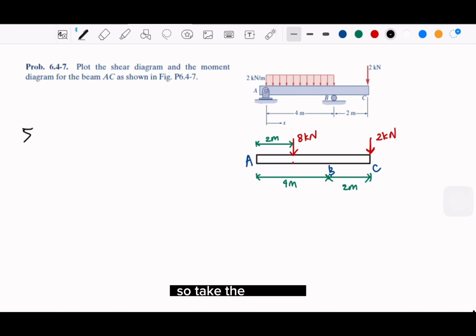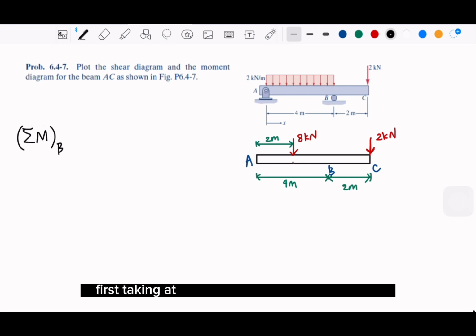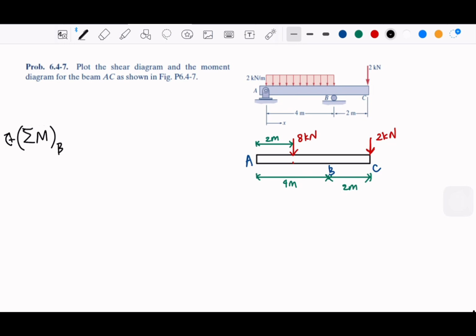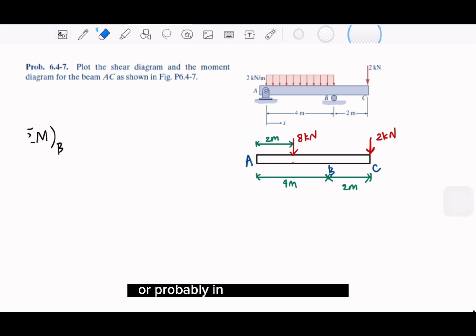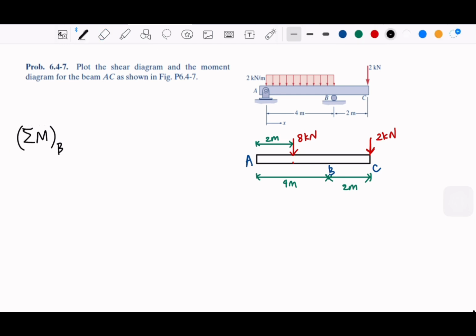So take the moment, first taking at B, and the counterclockwise is positive.